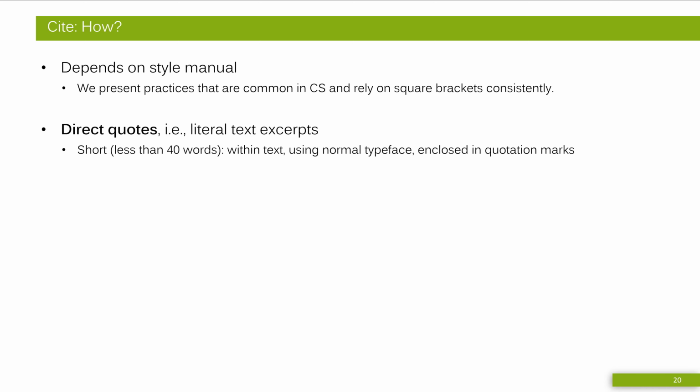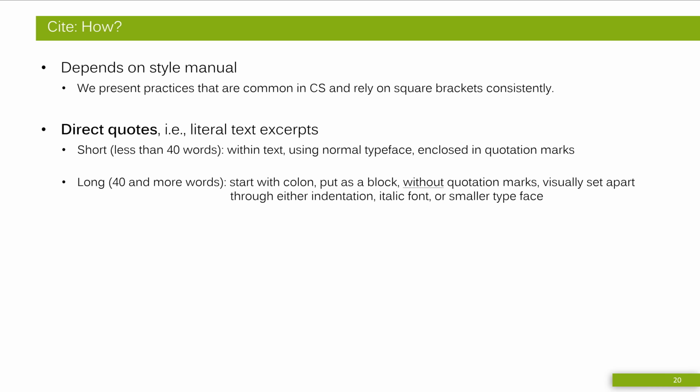For shorter quotes, the practice is typically to cite them directly within the text using the regular typeface you also use for your other main text, and enclose the repeated literal excerpt in quotation marks. For longer quotes, you no longer use quotation marks, but put them into a separate block, which you visually set apart, for example, through indentation, italic font, or smaller font size.